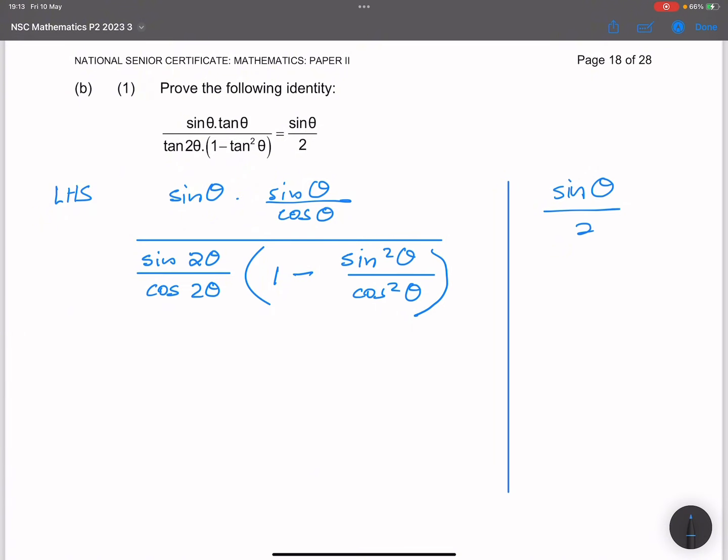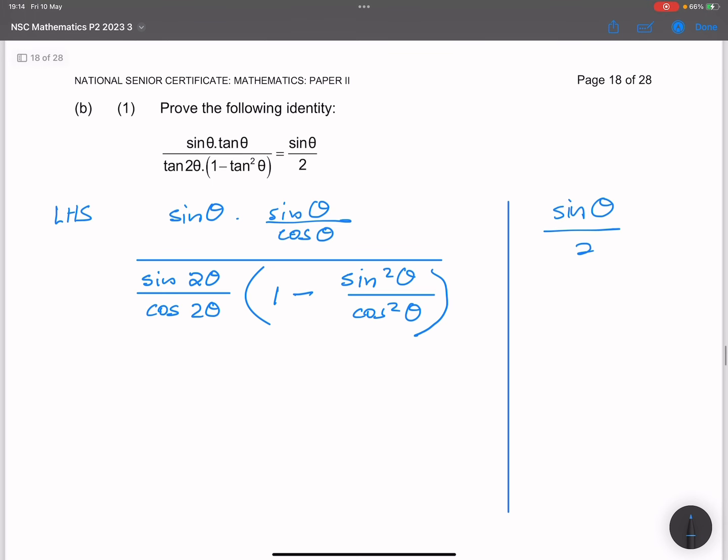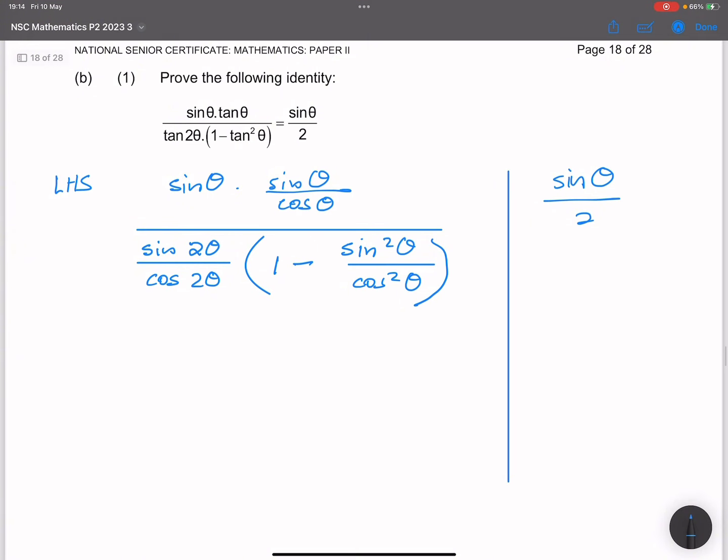We're going to take it as slowly as we need to in this case. Now, if I look at those fractions, guys, it is a bit of a workout. So I've got at the numerator sine squared of theta divided by cos of theta.